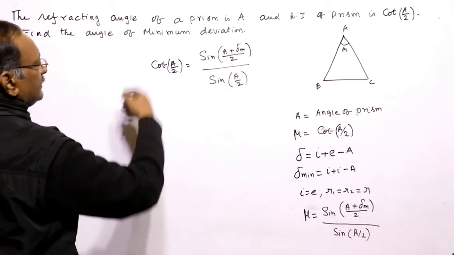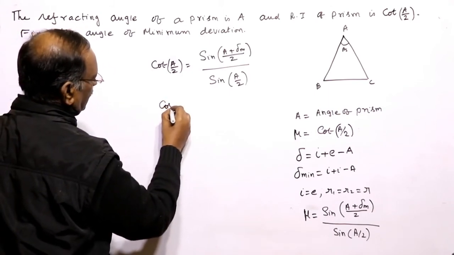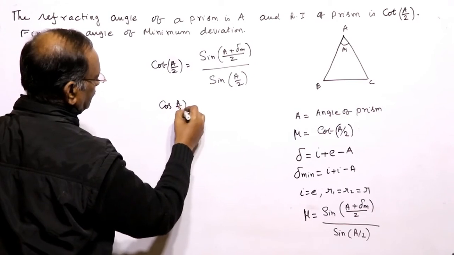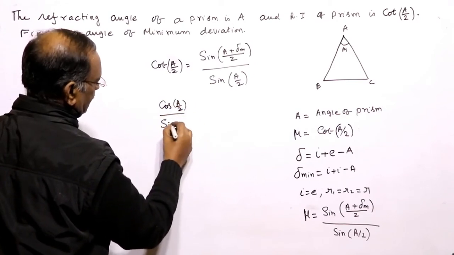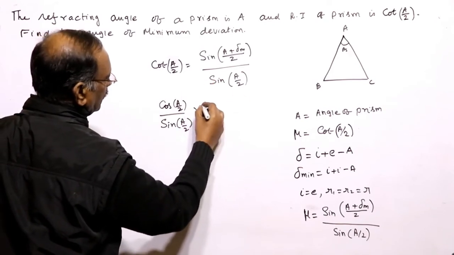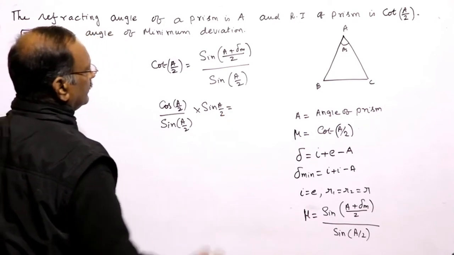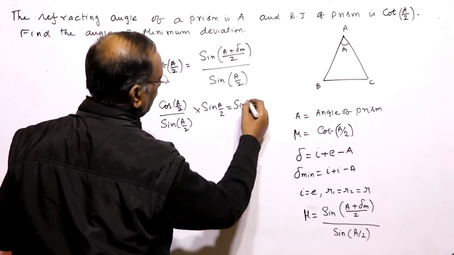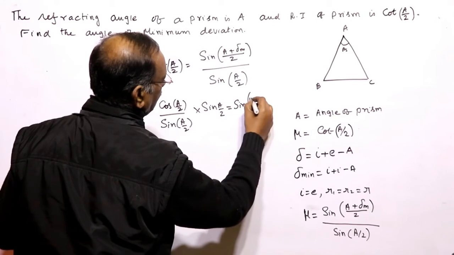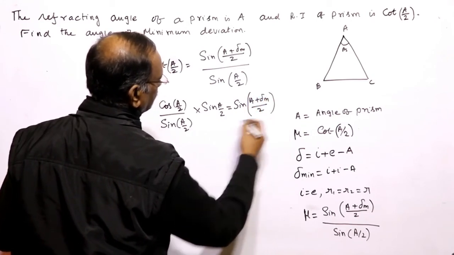So we take it to this side. Cot of A by 2 will become cos of A by 2 divided by sine of A by 2, into sine A by 2 will go here, which is equal to sine of A plus minimum deviation divided by 2.